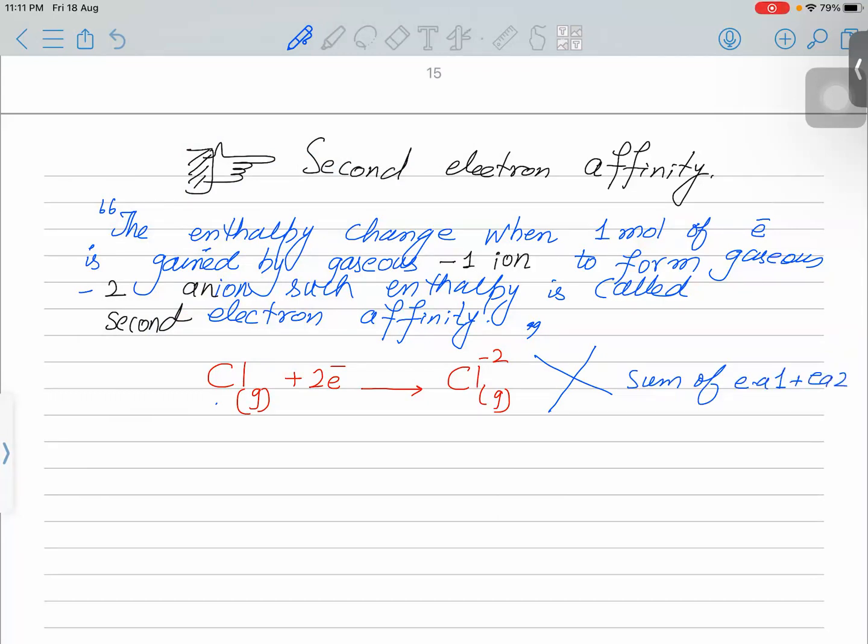It is not second electron affinity. Second electron affinity is Cl minus 1 gaseous plus electron gives Cl minus 2 gaseous. This delta H is electron affinity second, and it is positive.